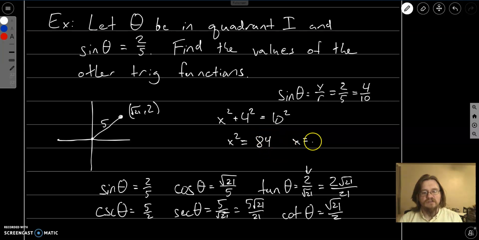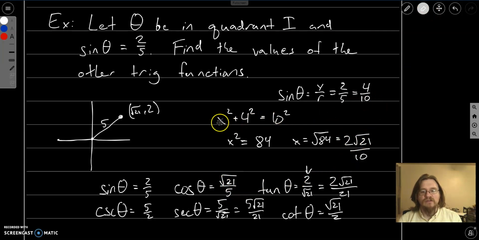So x would be the square root of 84, and the square root of 84 happens to be 2√21. And you can already see that, oh, we've got the square root of 21 in here. So if I wanted to find the cosine of this angle, it would be 2√21 divided by 10, which would simplify to the exact same thing.